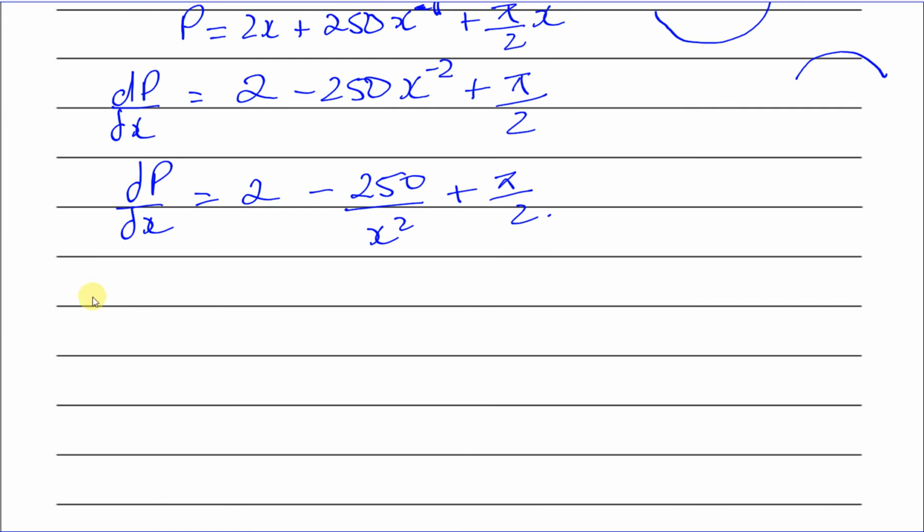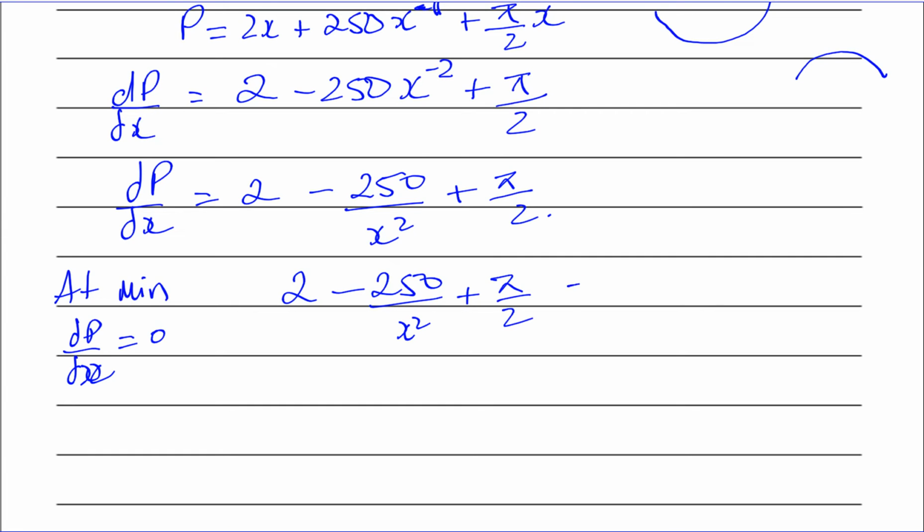Now, I know that at the minimum, the differential, the gradient, dp dx must be equal to 0. So 2 minus 250 over x squared plus pi over 2 has to equal 0. I'm going to do this so it's easier.